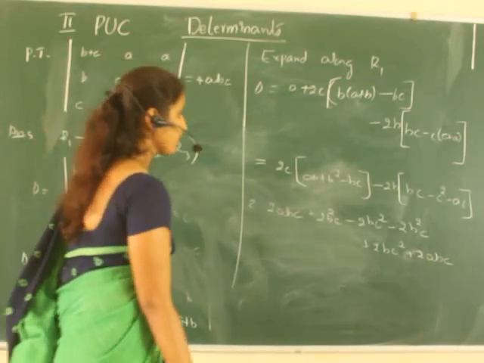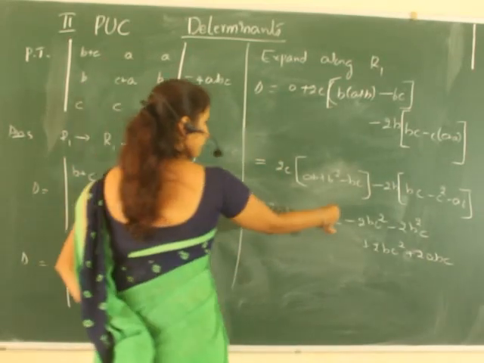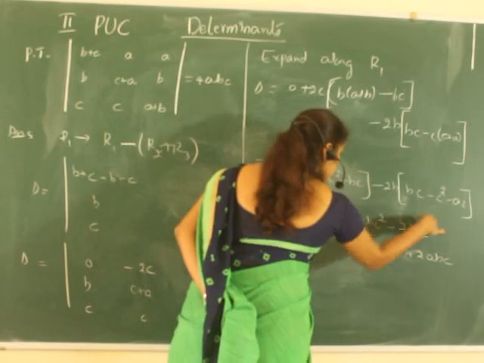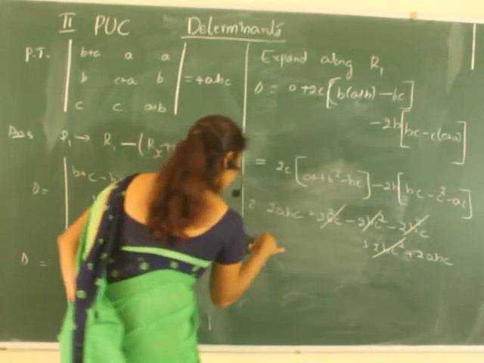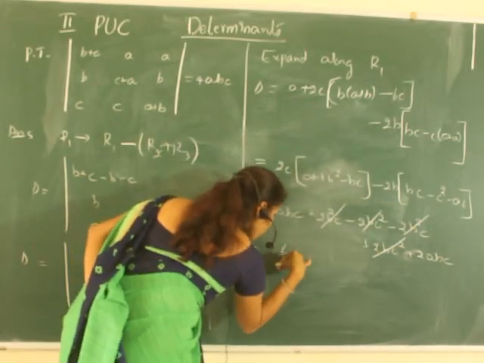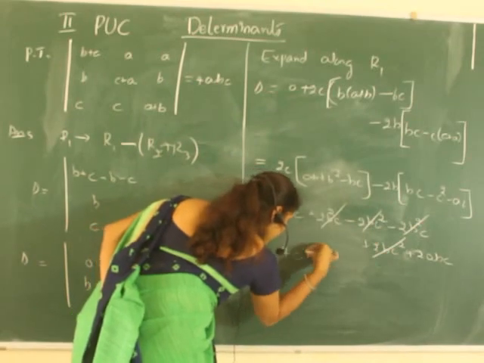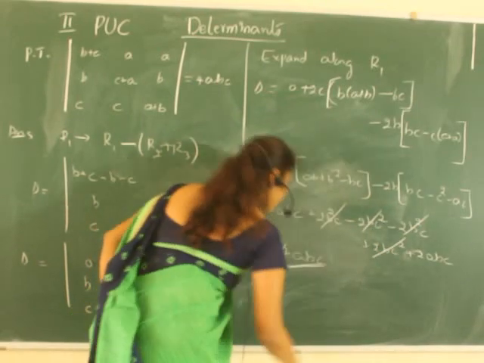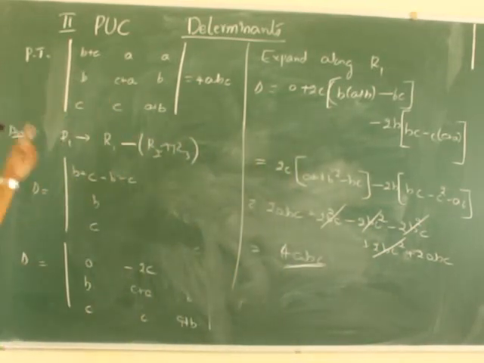So 2b square c can be cancelled, and this also can be cancelled. So we are getting 4abc. So that is the required one.